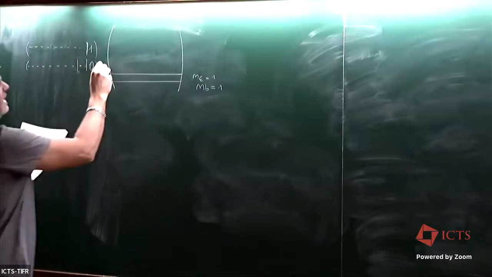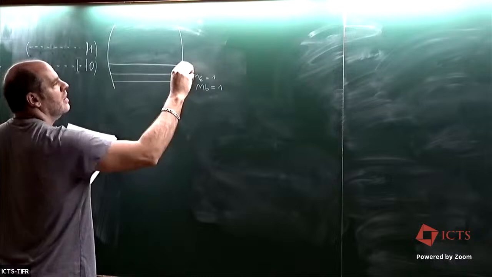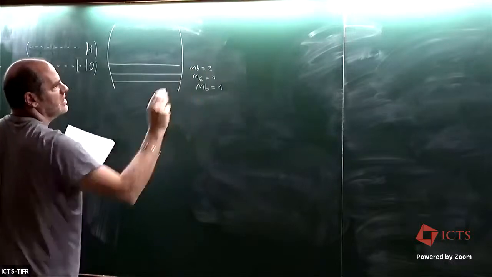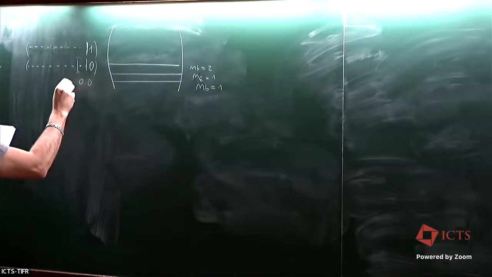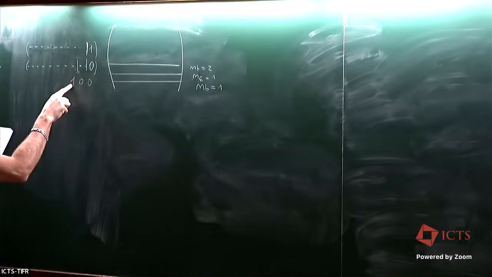Now, let's say that the next one again breaks a conservation law. This is the second to break a conservation law. Now this is 0, 0, but I can choose it in such a way that I get a 1 here.